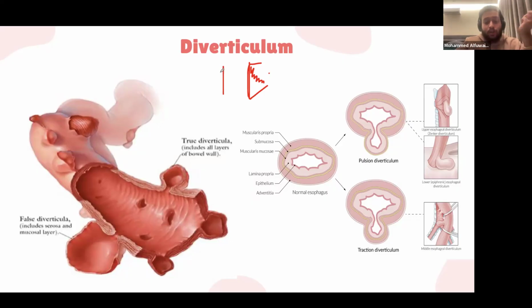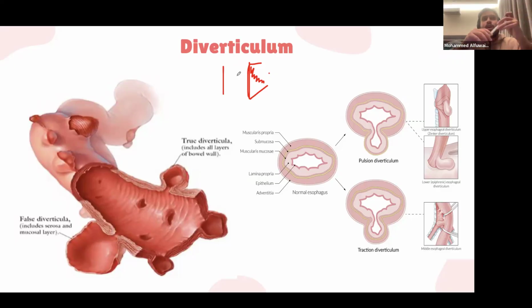True diverticula typically will involve all layers of the bowel: the mucosa, submucosa, muscularis, and adventitia or serosa. It will involve all of them. False diverticula will involve only the mucosa and the submucosa, or the mucosa only, not all of it.